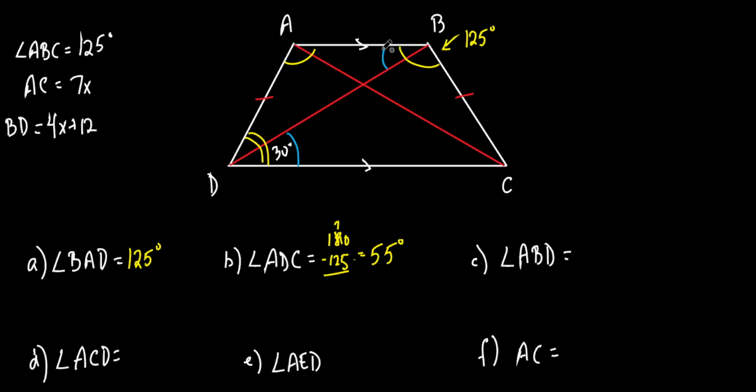So what word did we use for that when they were on opposite sides of the transversal? Alternate. Right. Alternate what? Interior angles. Okay. Alternate interior angles. That's a big deal in geometry. So if that's 30 degrees, what's this angle right here? That's also 30 degrees. Do we see that?